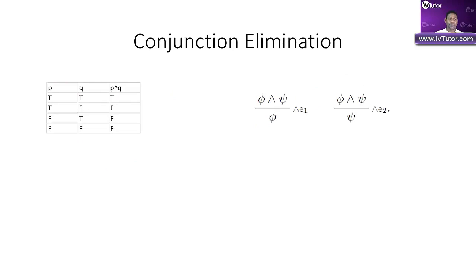The reverse is true. If someone tells you that P and Q is true, automatically what should come to mind is that both of these are true individually. So if you're given this to be true, then the first can be true individually. And if you're given this, it means that you can conclude that the second one is true as well.